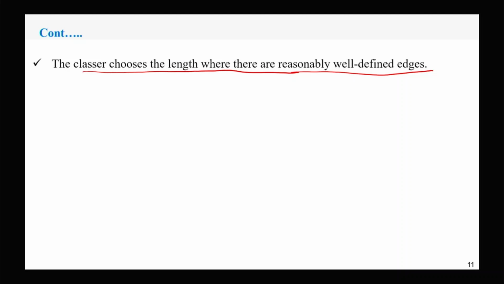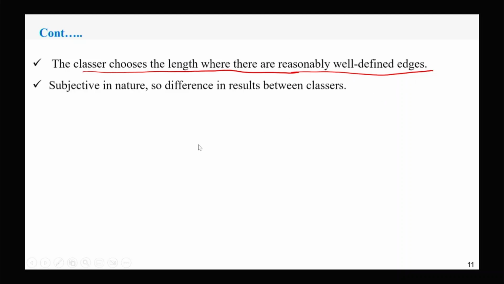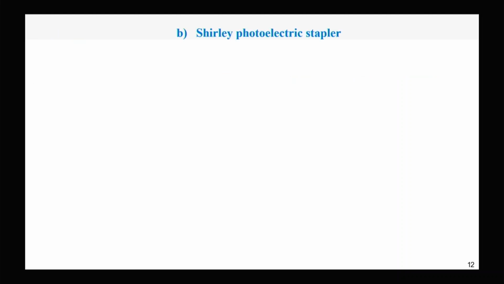Suddenly there is a change in the density, that is well defined edges. It doesn't take the extreme end into consideration. So subjective nature, so its result varies.